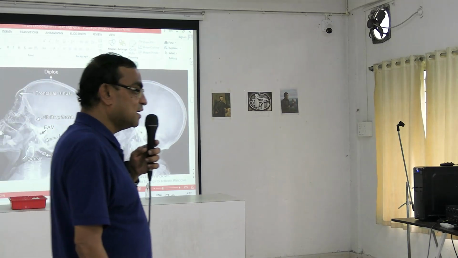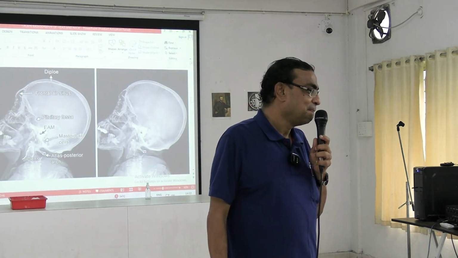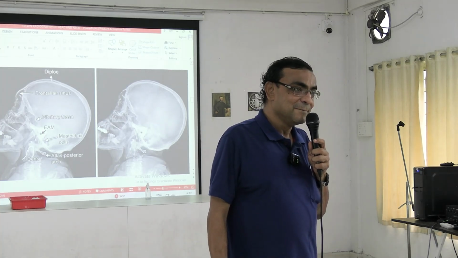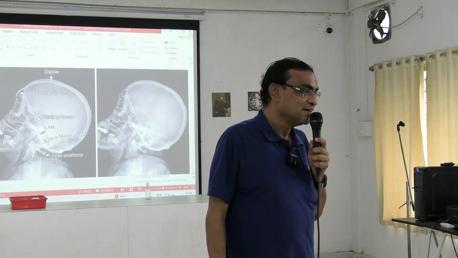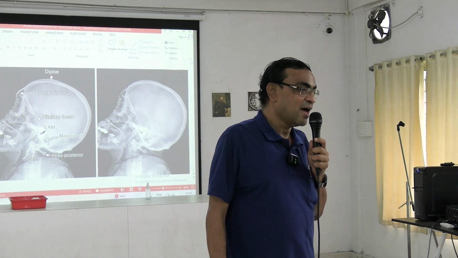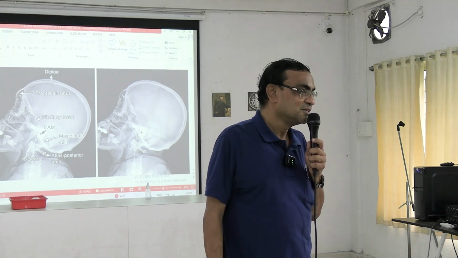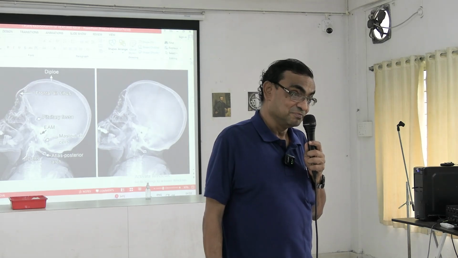Scalp, what are the different layers of the scalp? S for skin, A for aponeurosis, galea aponeurotica, L for loose areolar tissue, that third layer, that is a dangerous layer.